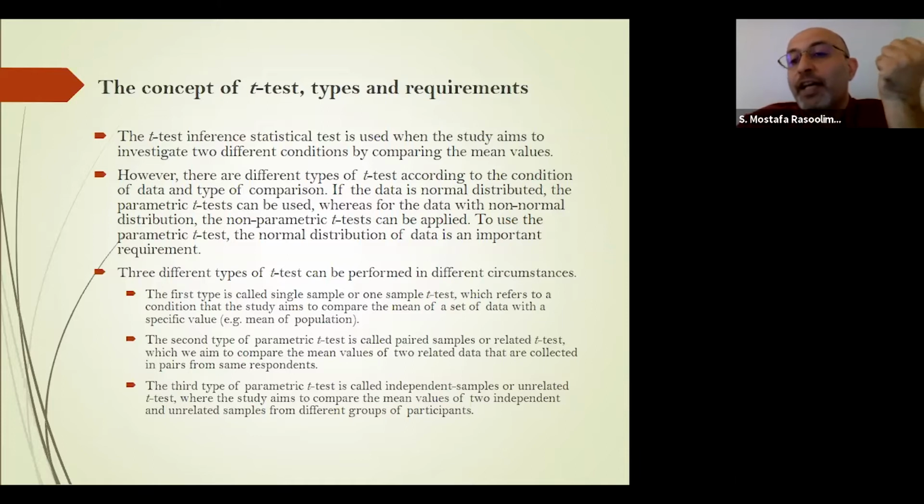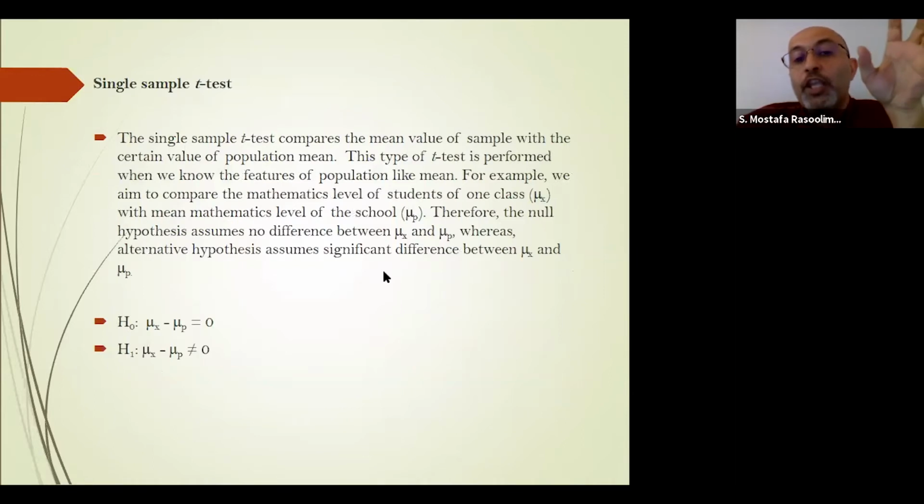So we have the school average for mathematics, and we want to compare one class with the average of the school. For this case, we use a single sample t-test or one sample t-test.